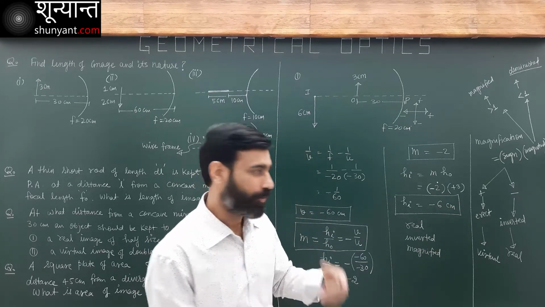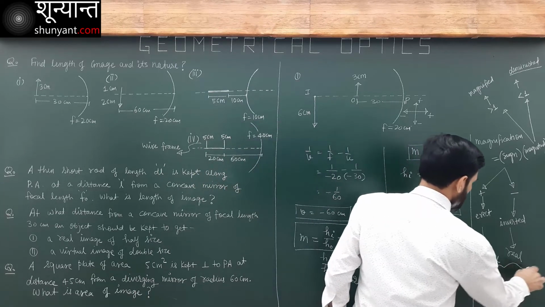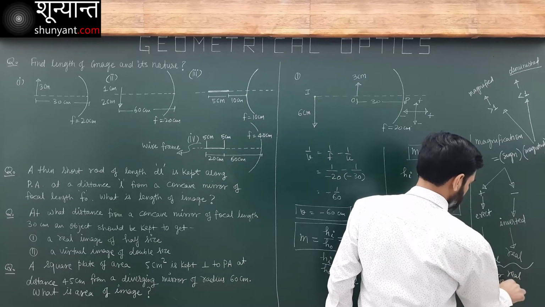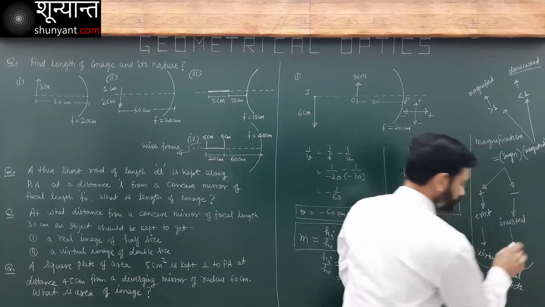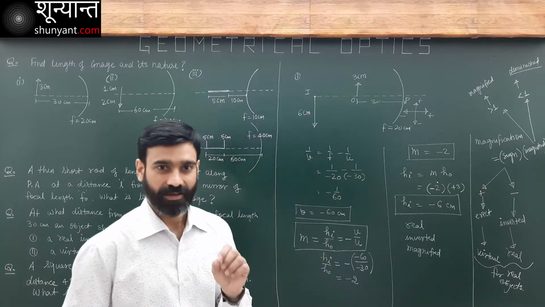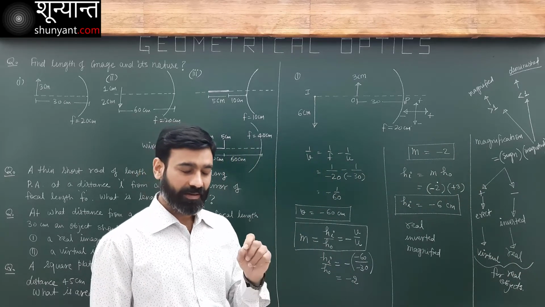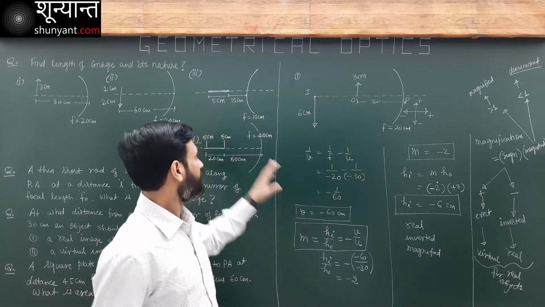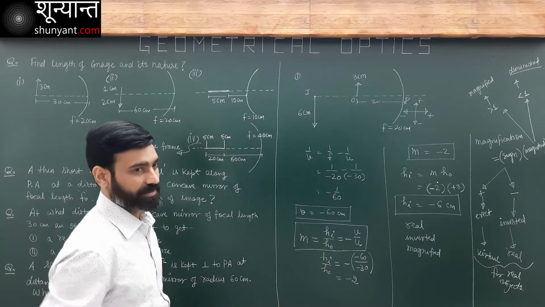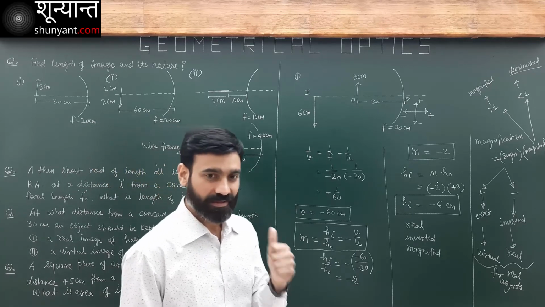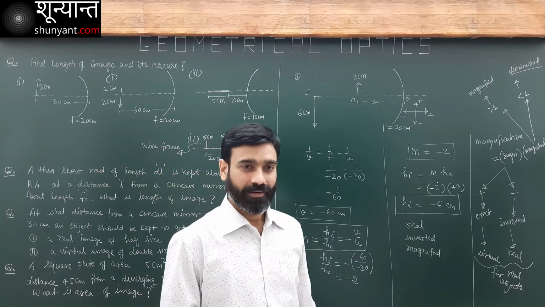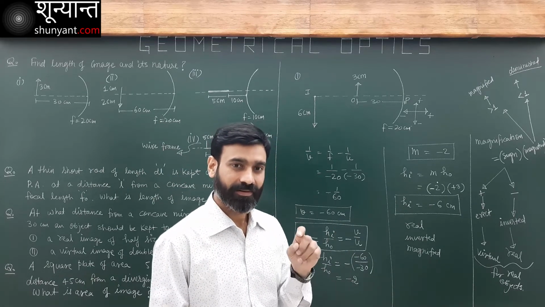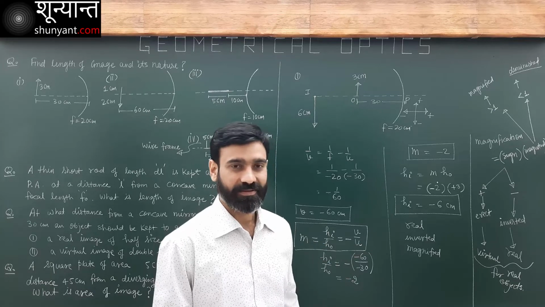For real objects, if my object is real and I am getting an erect image, that means it must be virtual. In all these cases, the objects are real objects. If my object is real and I am getting an inverted image, that means it must be a real image.